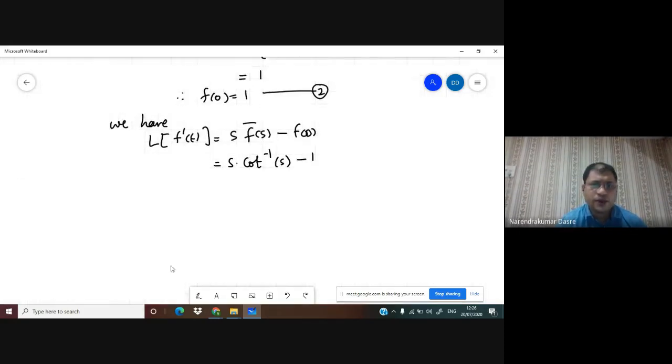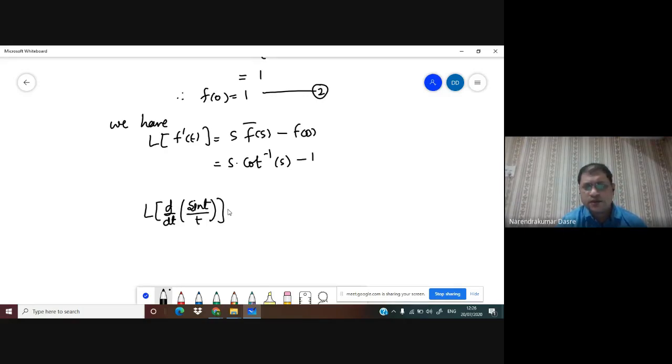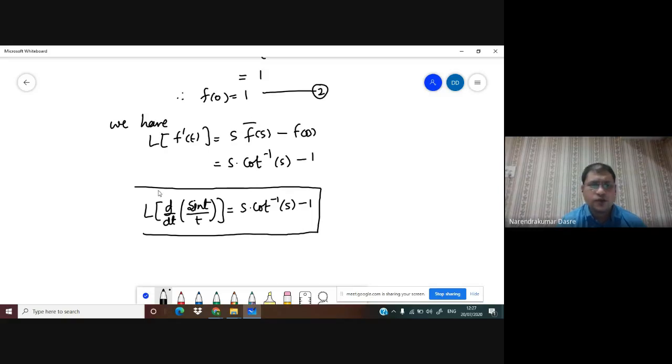So the Laplace transform of d by dt of sin t upon t is equal to s cot inverse of s minus 1. Okay, so this is how we have to find the Laplace transform of a derivative.